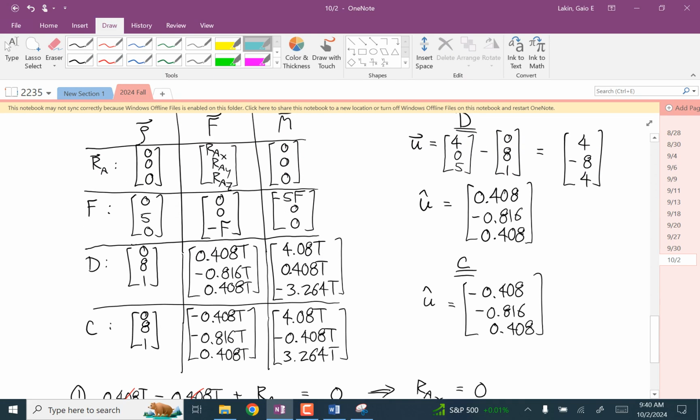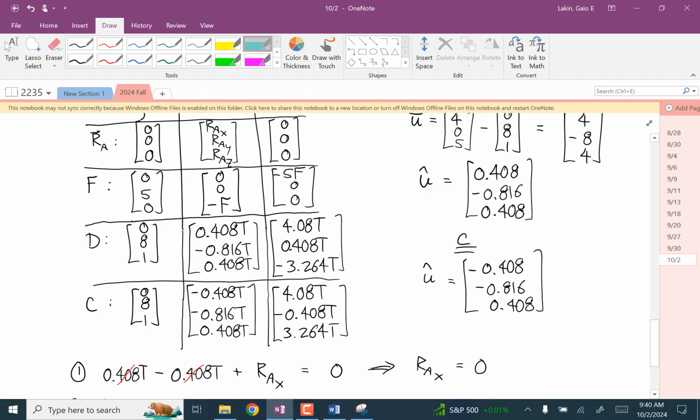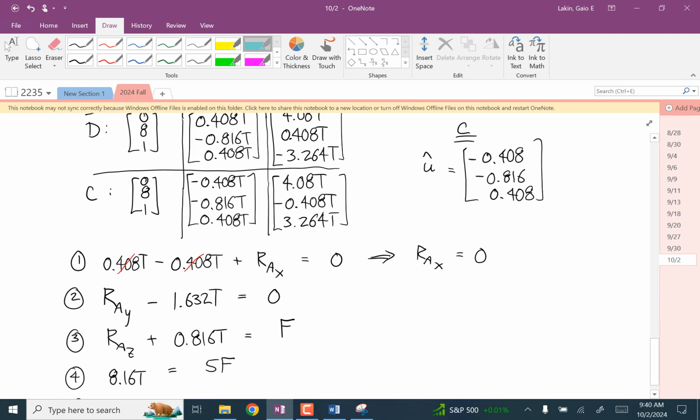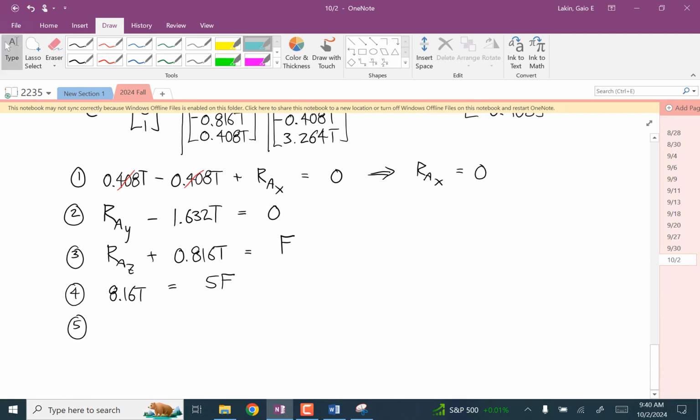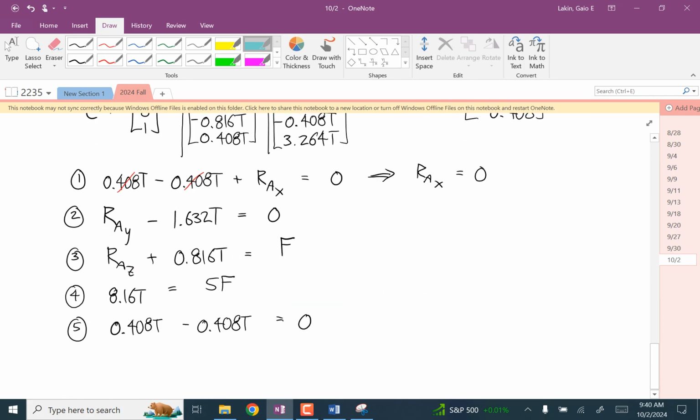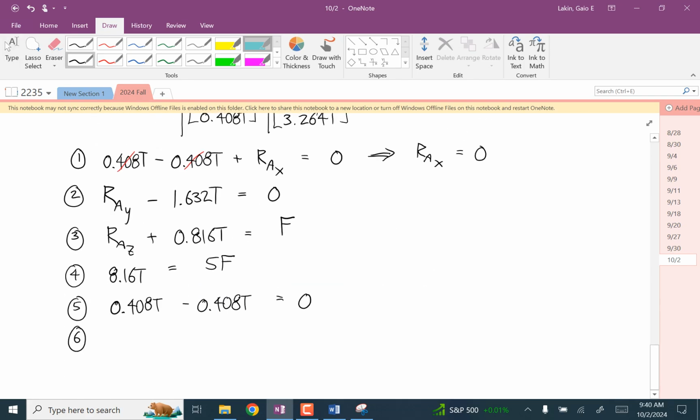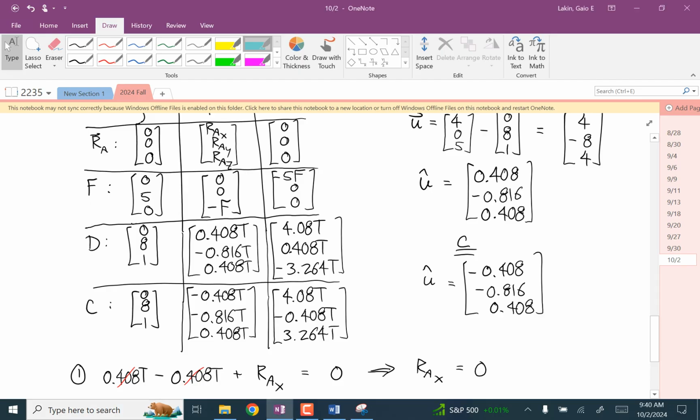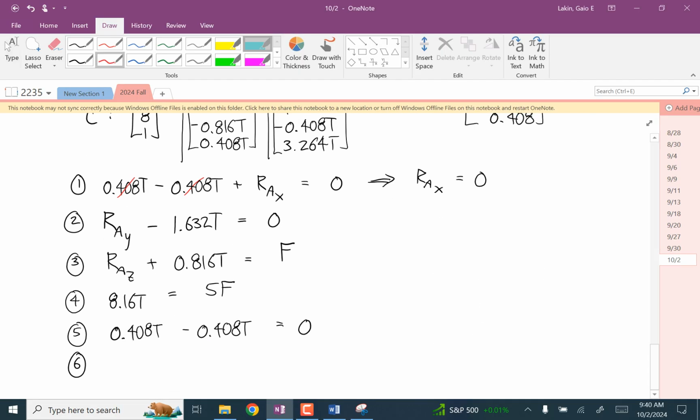Equation 5 says 0.408t minus 0.408t is equal to 0. And equation 6, so these cancel, you get 0 equals 0, so this one does just go away.